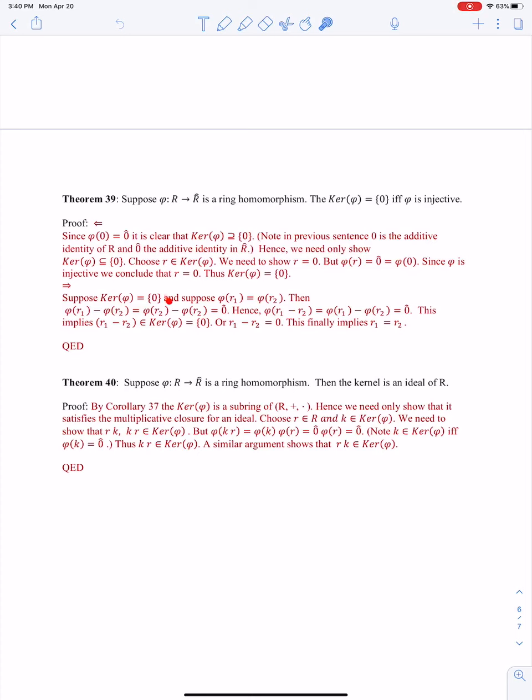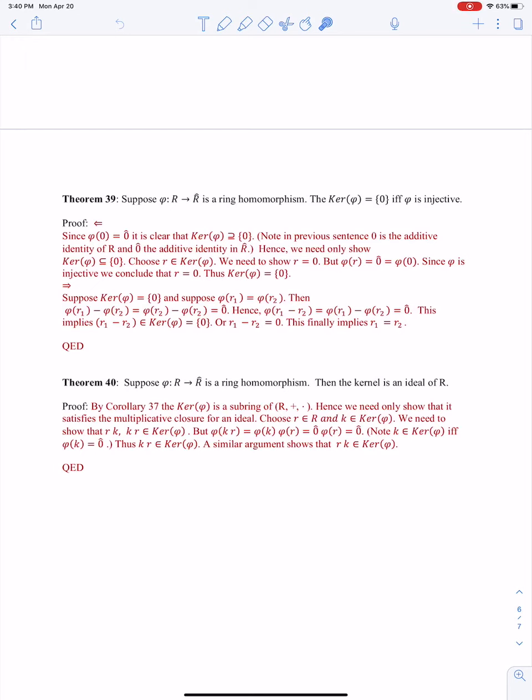So I've got that side of the containment. I just have to show the other side, that the kernel of phi is contained in 0. All right, so what do I do? I choose something in the kernel. I need to show that it's in here. Well, to be in here, it's got to be 0, right?